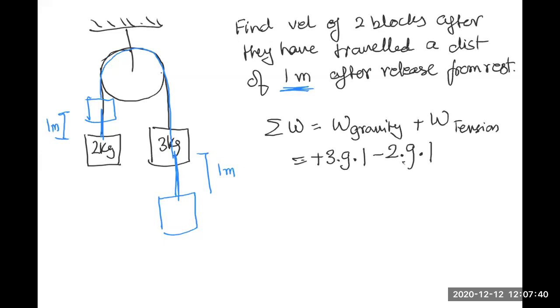This is the work done by gravity on the second block. माइनस क्यों है? क्योंकि ये ऊपर गया है. Into mass 2 into g into the displacement, into the vertical distance between the initial point and the final point. Okay? In fact, I like to write that this is the initial configuration of the system and this is the final configuration of the system. Okay?